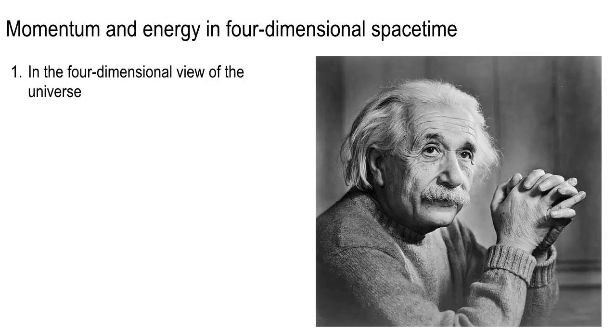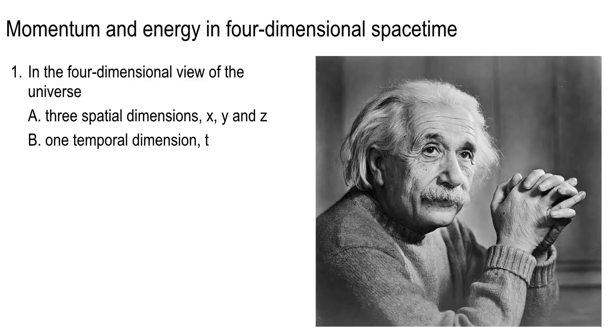So in the 4-dimensional view of the universe, the 3 spatial dimensions we call X, Y, and Z. Or, if you're in spherical coordinates, latitude, longitude, and then the distance away from the center of the Earth, or altitude above the surface of the Earth. That'd be 3 spatial dimensions. And there's one temporal dimension, time.